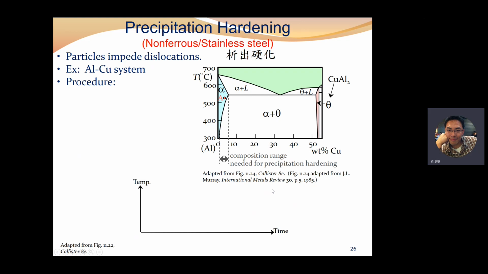For non-ferrous or stainless steels, what's the process of precipitation hardening? That means some particles, or we can say dispersed phase, form to impede dislocations. For example, the aluminum-copper system.